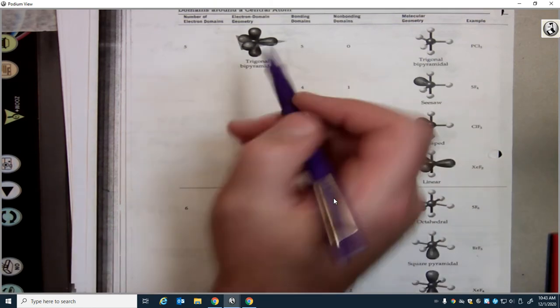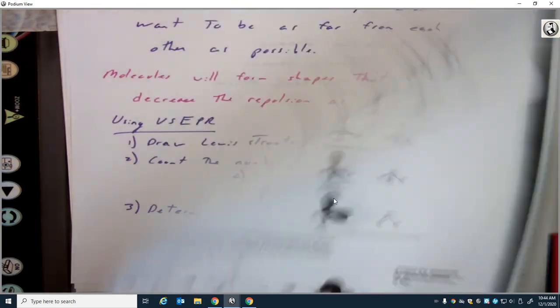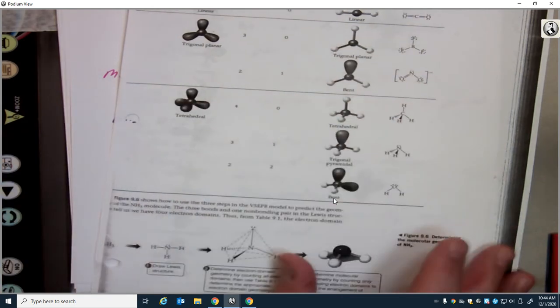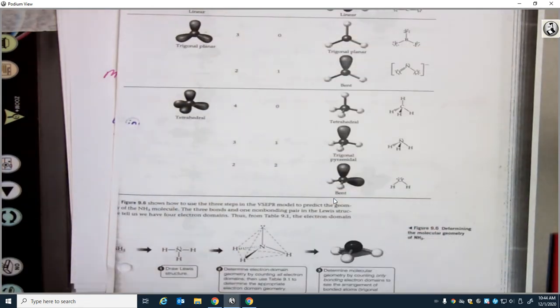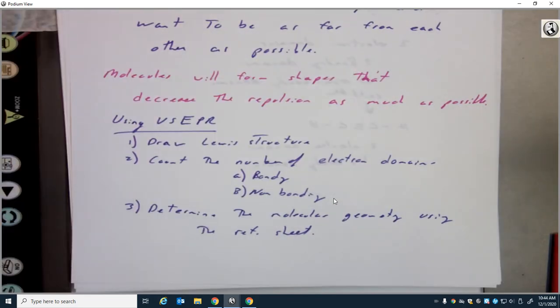And then it gives us the different shapes that it can take. It gives us a base model and then different variations. I'll post something for this, but this is right out of the textbook, I believe. So we're going to use this chart, and it's going to give us the different shapes. Let's go ahead and try it.